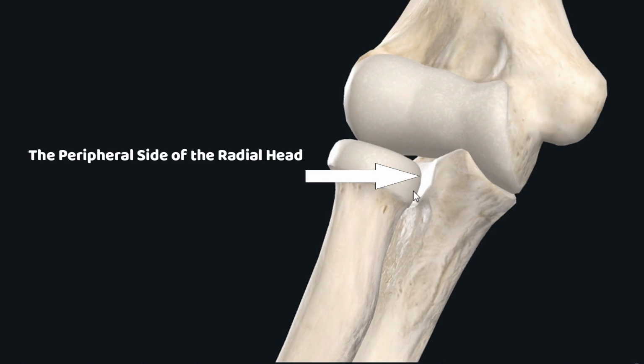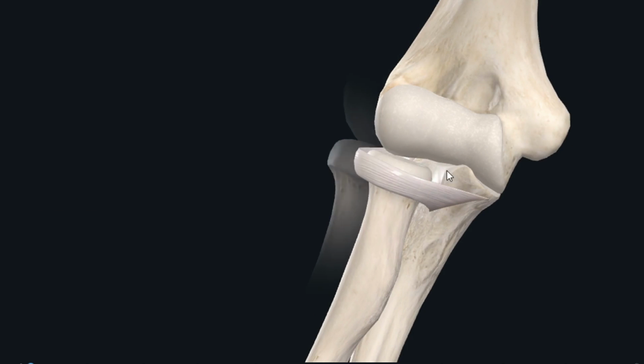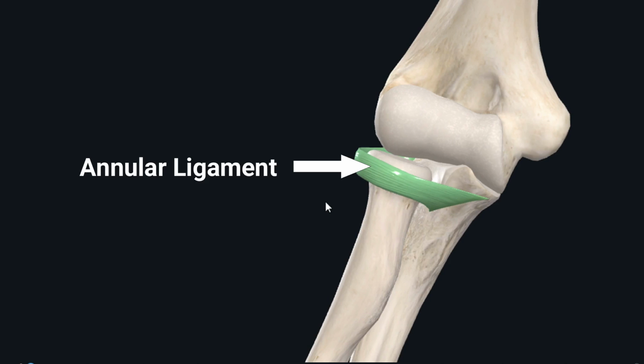The peripheral side of the head articulates with the radial notch of the ulna. The head of the radius is held in place against the ulna by this encircling ligament known as the annular ligament.